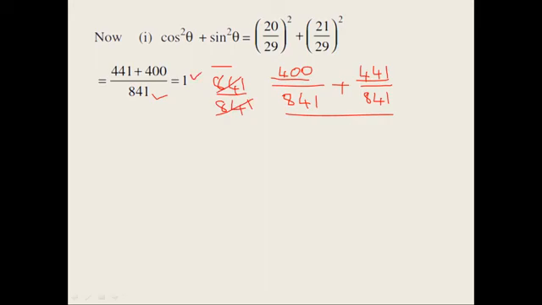So sin square theta plus cos square theta is equal to 1, or cos square theta plus sin square theta is equal to 1. Next question, cos square theta minus sin square theta.